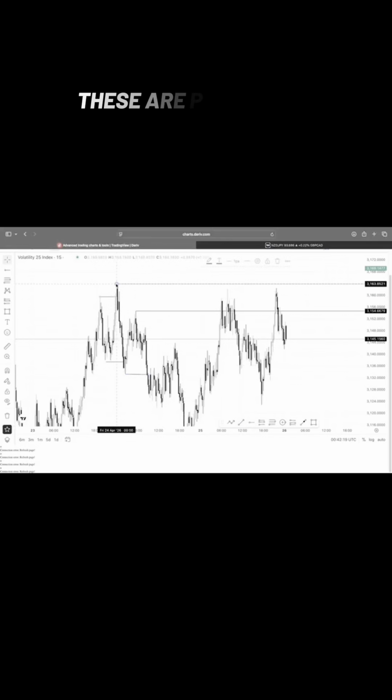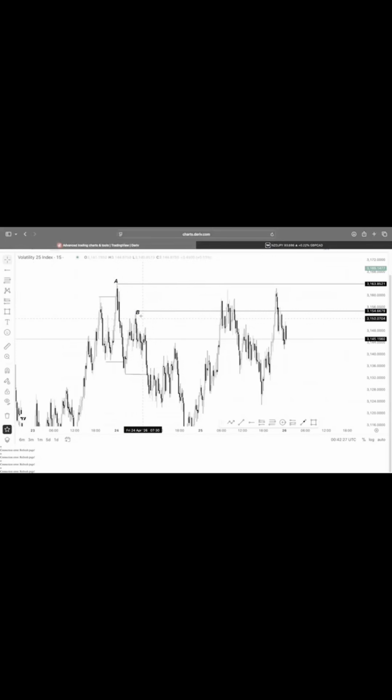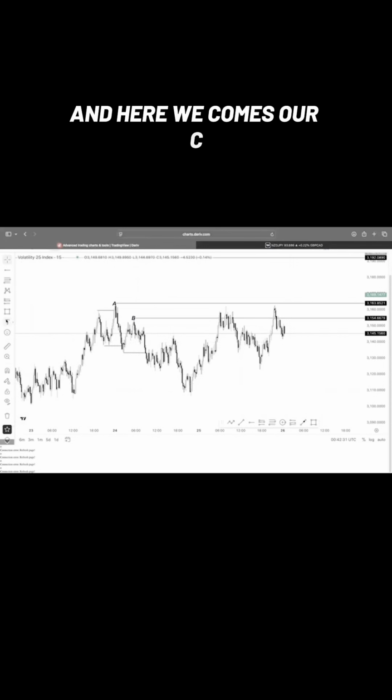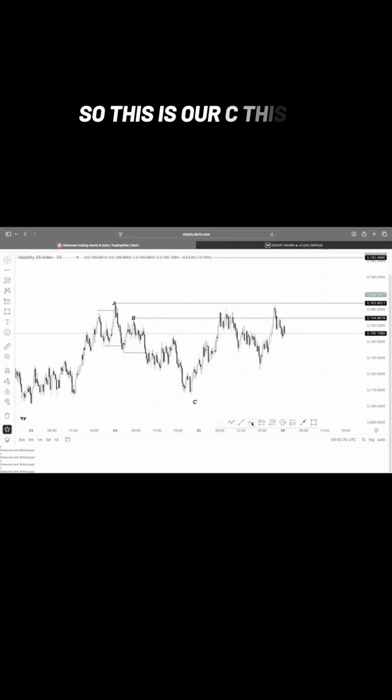These are points A, so here becomes A, right, and here becomes B, and here becomes C. So this is C, which is our target.